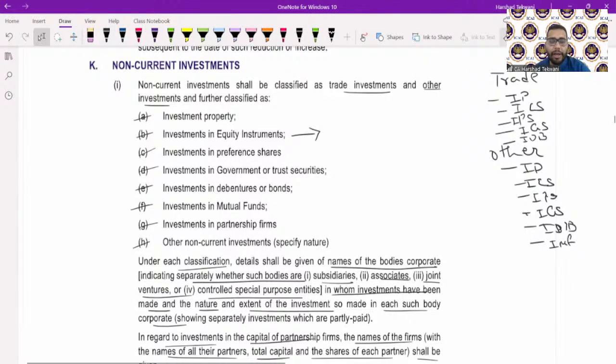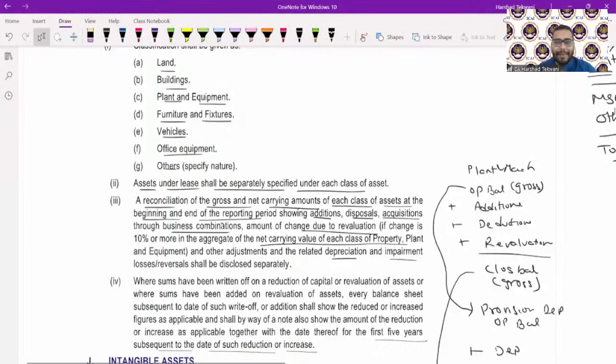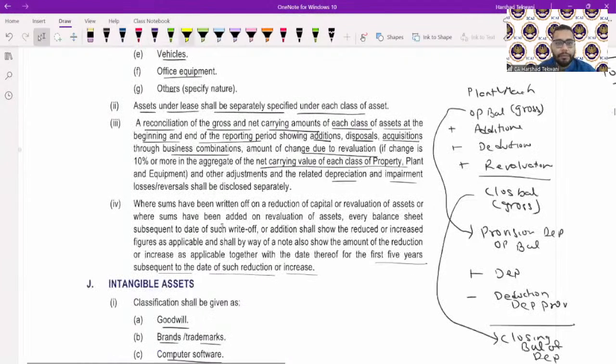No, it's not for the 10. Okay, let me show you what the provision says: amount of change due to revaluation, if the change is more than 10% in the aggregate of the net carrying value of each class of property, plant, and equipment.